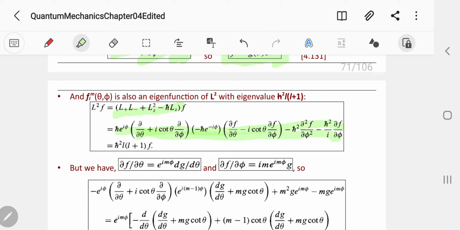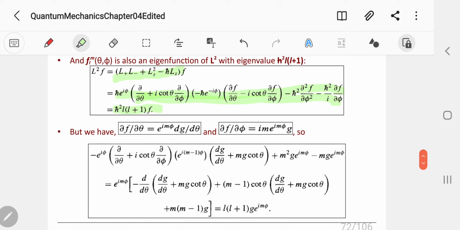You just have to substitute that, and then this is of course equal to h bar squared times l(l plus 1) times the function. And then this one is just i times e to the im phi dg d theta, and this one will just be im e to the im phi g.